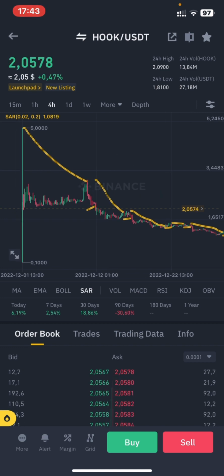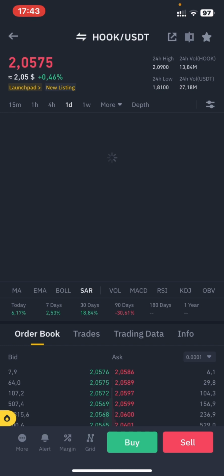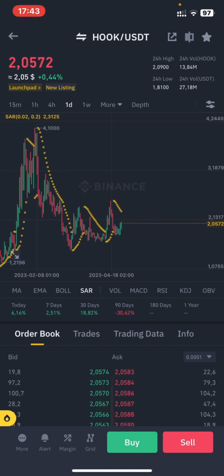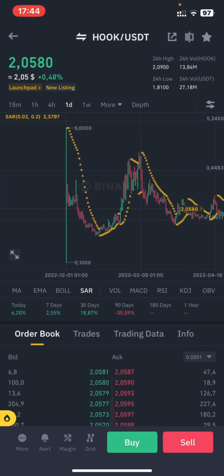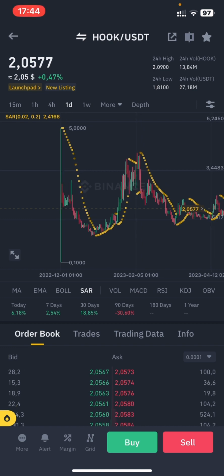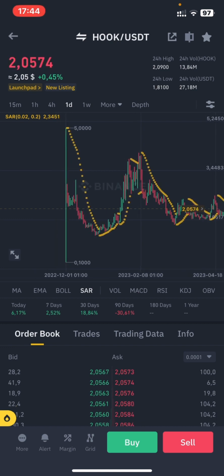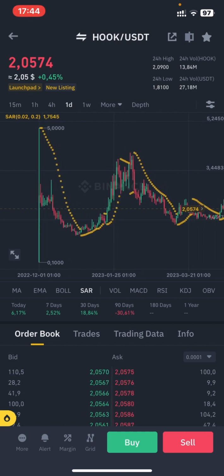So right now I'll go to the 1 hour chart, because this 4 hour is going to show a lot of candles and there's a lot of noise in this chart. With the daily chart, you have fewer candles and you have the overview of the chart.